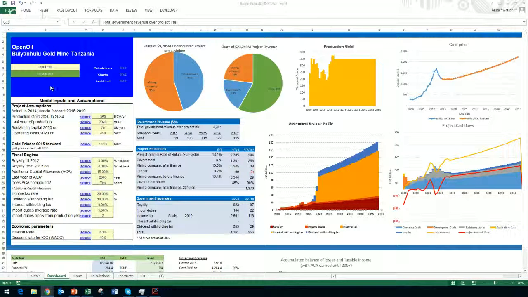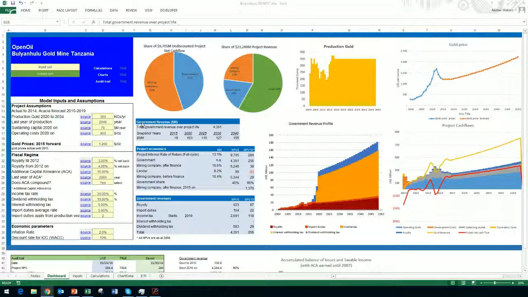Over on the left-hand side of this dashboard are the key parameters for production and costs for the project from 2016 forwards. I'll come back to that in a second. Then the fiscal regime parameters and key economic parameters such as our assumed inflation rate and discount rate. So all the key parameters to drive the model are on the left-hand side of this dashboard.